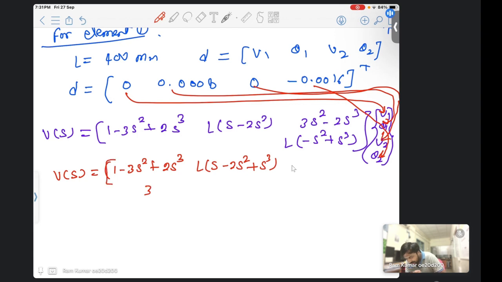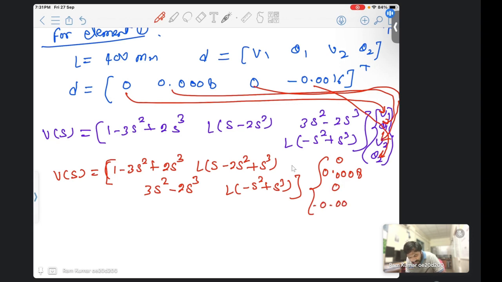This is in matrix form. Then this is 0, 0.0008, then 0, minus 0.0016. This will be our displacement.